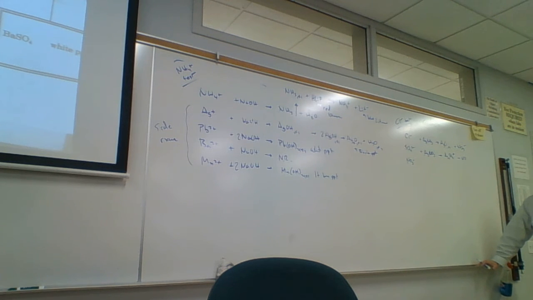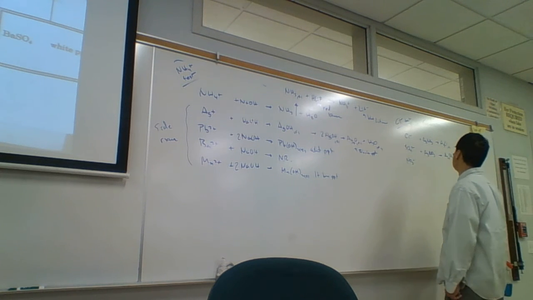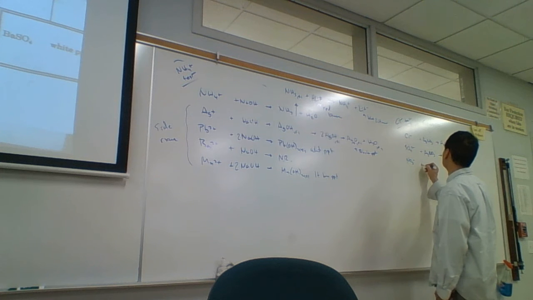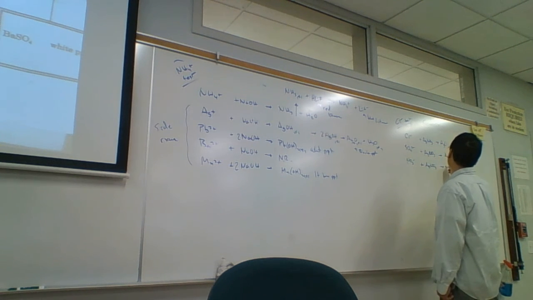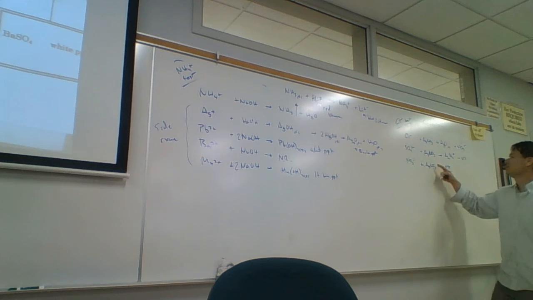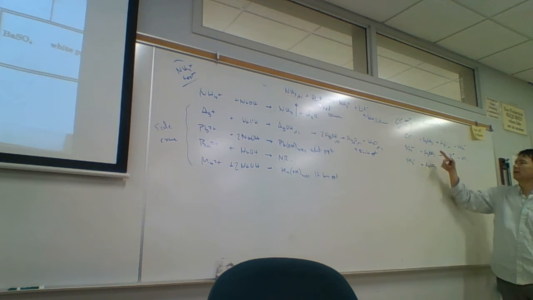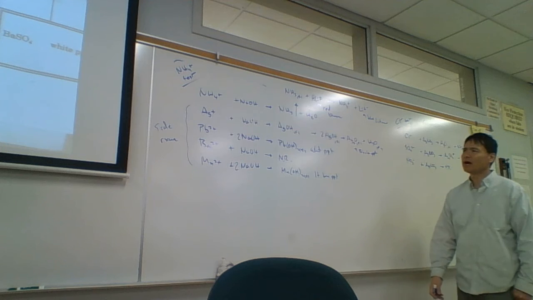So it might precipitate, might not precipitate, but at the concentrations we're using, it's not going to precipitate. And with nitrate, there's no reaction. And so the only thing that silver nitrate should react with is chloride. The others should be no reaction.